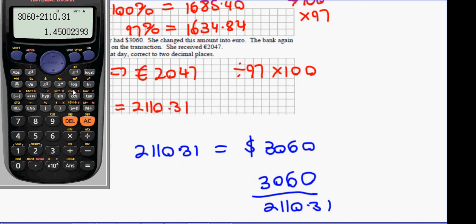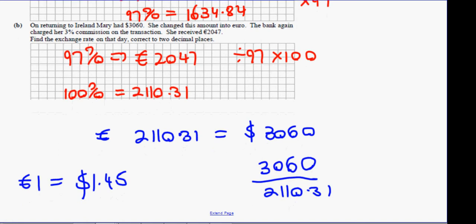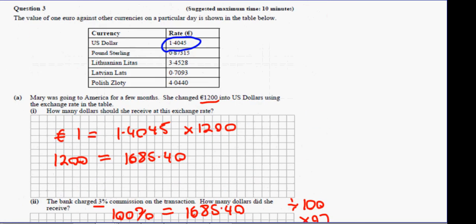I think that's a pretty good number, isn't it? 1.45. Exchange rate on the day was 1 euro equals $1.45. That's how you know what you're doing. Just compare the old rate to the new rate. It should be roughly the same. Moving on.